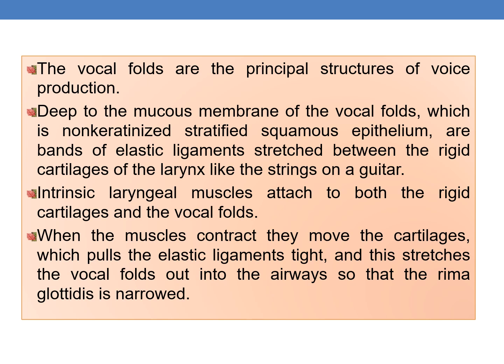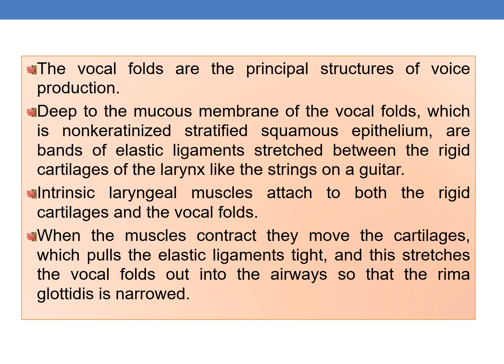Deep to the mucous membrane of the vocal folds, which is non-keratinized stratified squamous epithelium, there are bands of elastic ligaments stretched between the rigid cartilages of the larynx like the strings on a guitar, and the intrinsic laryngeal muscles attached to both the rigid cartilages and the vocal folds.